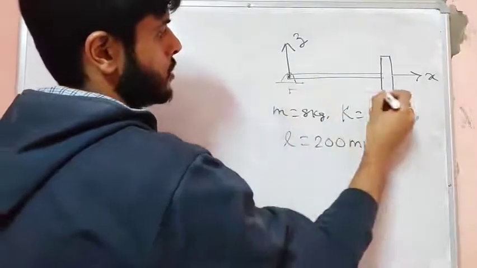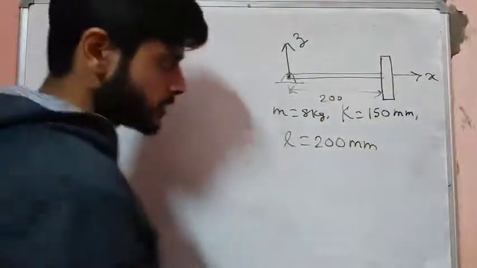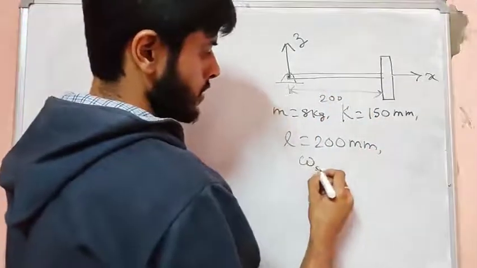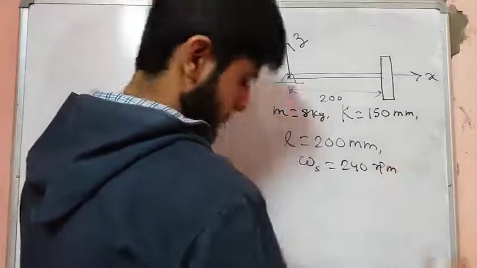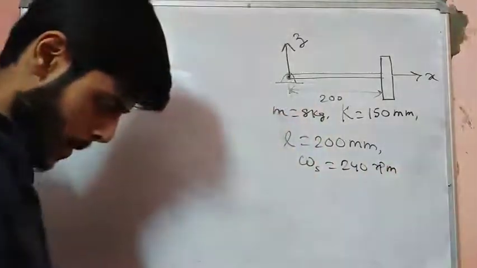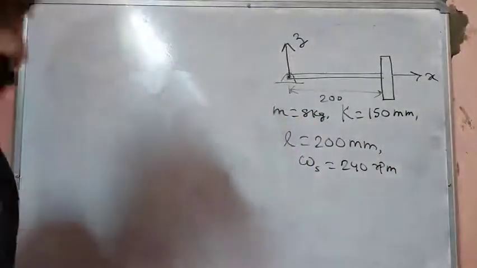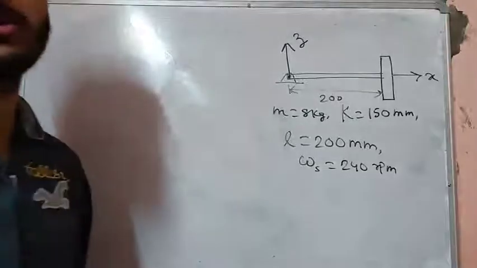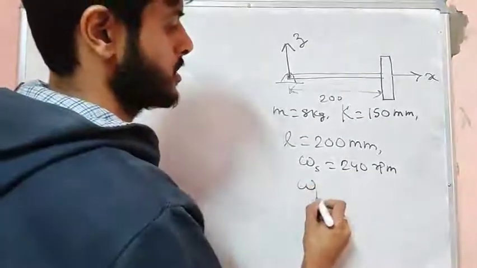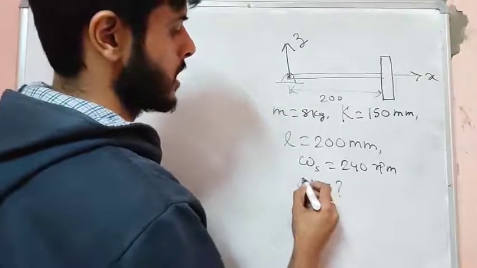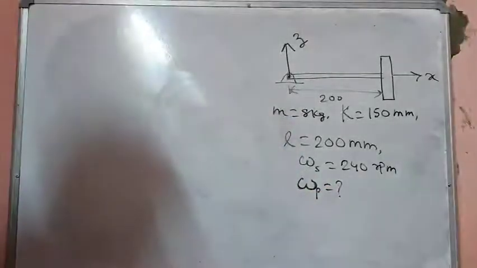The spin angular velocity is given as 240 rpm. We are required to find the magnitude and direction of the angular velocity of precession.